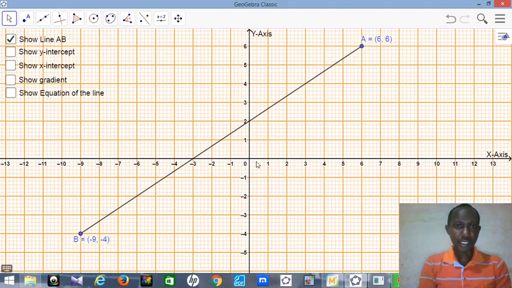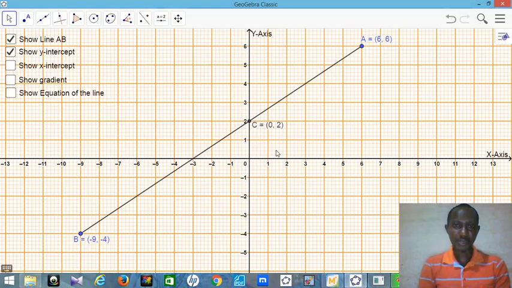And another important thing about intercept is this. At the point where the line crosses the y-axis, you can see that x on this point is 0. So let me show the y-intercept so that you see what I'm saying. You can see the intercept for y is called point C, and you can see that x is 0 while y is 2. So x is 0 at the y-intercept.